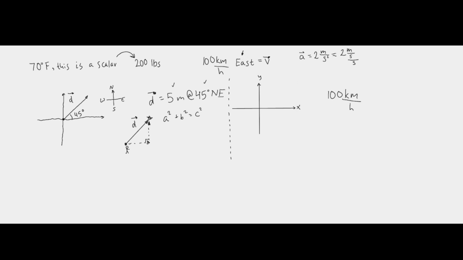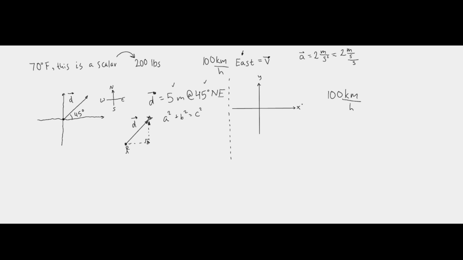But I see that the horizontal axis here, the x-axis, points east. So how could I indicate this x pointing direction somehow with my speed of 100 kilometers per hour to then convert it into a vector?